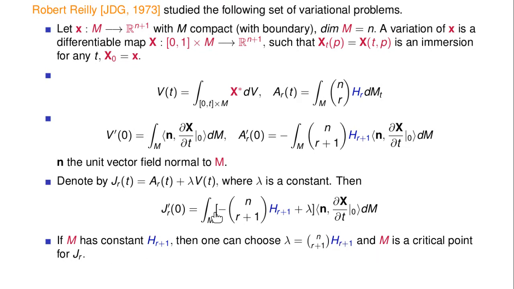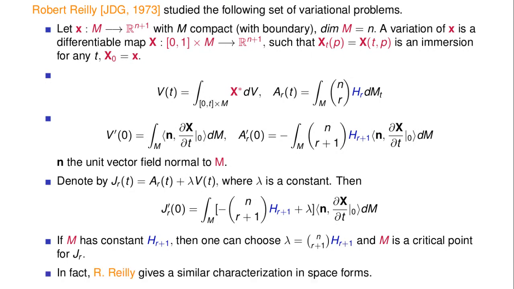When r is equal to 1, it's a very well-known functional, but you can define it for any curvature function. And this characterization is also possible in any space form. So hypersurfaces with constant r-th symmetric function of the principal curvatures are critical points of a functional in space forms.